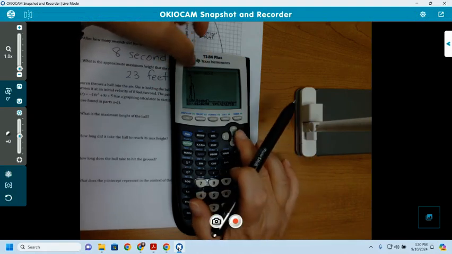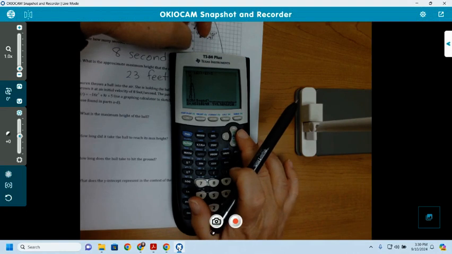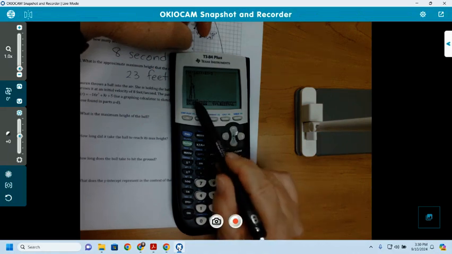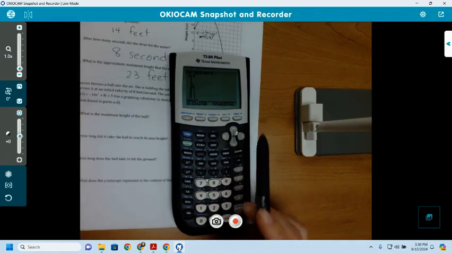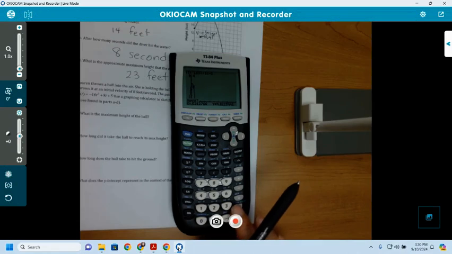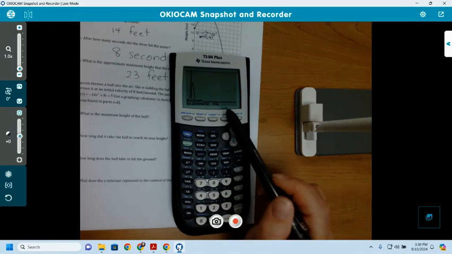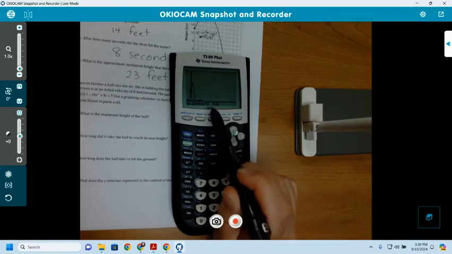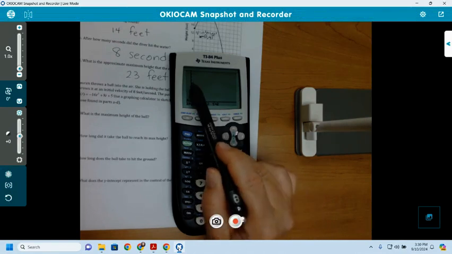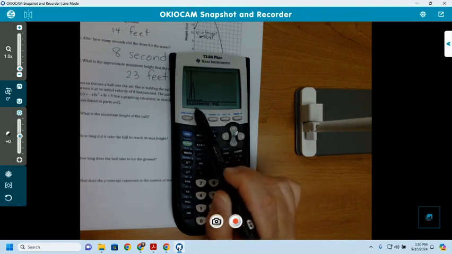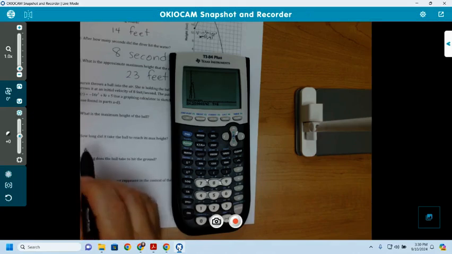Now it's going right bound. We're going to go a little bit to the right of that maximum point. We'll hit enter. Now it's asking us to guess what that maximum point is. So hit enter. And that looks about right. So the vertex is where y equals 6 and x equals 0.25.